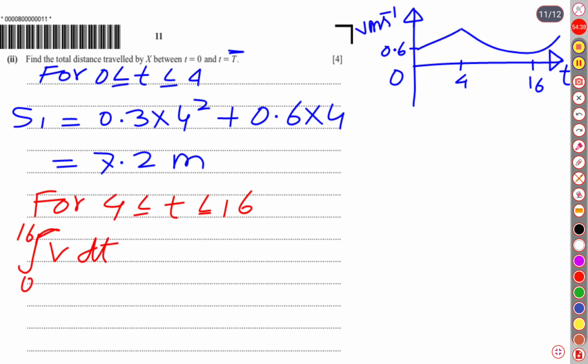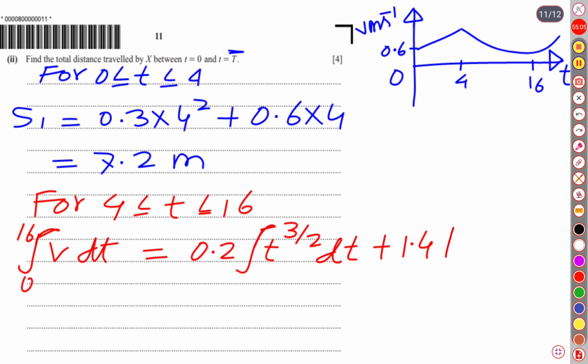If we integrate our velocity, our expression for velocity was 0.2 t raised to 3 over 2 dt plus 1.4, it was 1.4 then 1, with the limit from 0 until 16 seconds, dt.